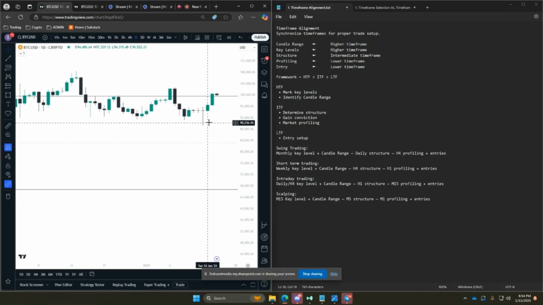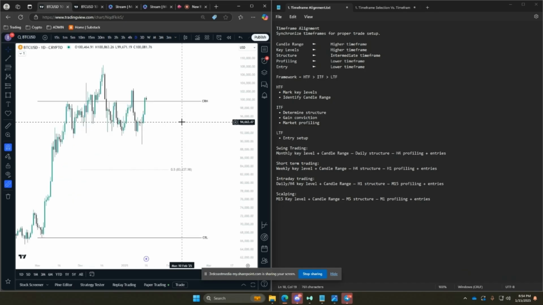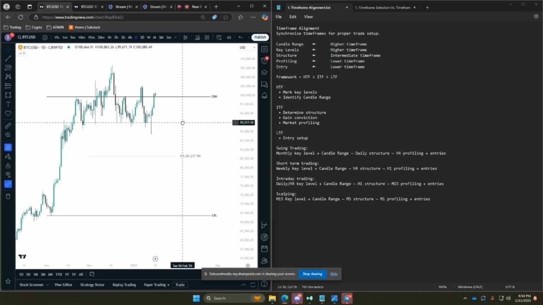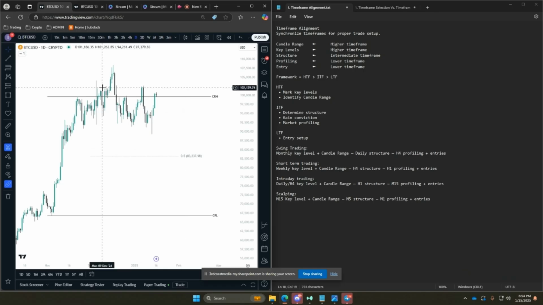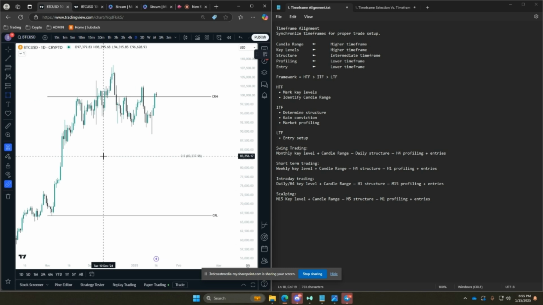Okay, so if we zoom out a bit and give ourselves a better picture, we can see we're trading outside the range of it. But before we make any decisions, we still want to determine the structure. We will go through market profiling in the mentorship, but that is a topic for another day.